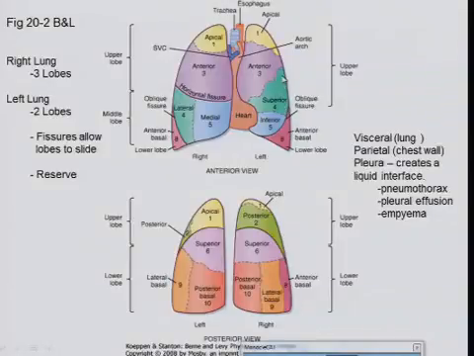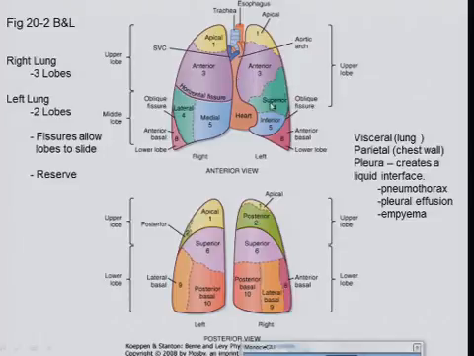Another important feature here is that we have these fissures. These are divisions between the lobes. There's a horizontal fissure, and down here the oblique fissure. These are between the lobes, and what that does is it allows those lobes to slide across each other. So when we have expansion, you have a better ability to inflate the lung within those areas.